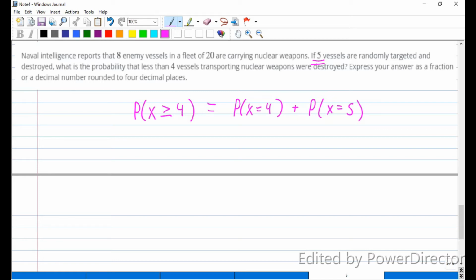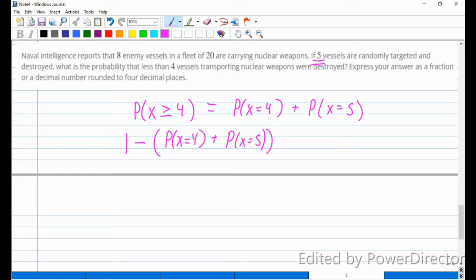If we use a complement, we have to say 1 minus the sum of the probability of 4 plus the probability of 5. So this way we'll only have to work out 2 hypergeometric distribution problems. One of them will let x equal 4 and the other will let x equal 5. All of the other variables are going to be the same. Okay? So as long as we define our variables correctly, it shouldn't be that bad.